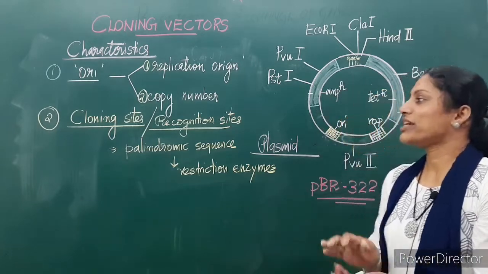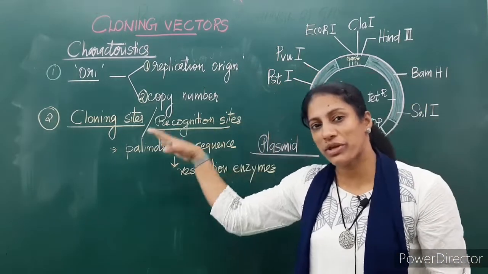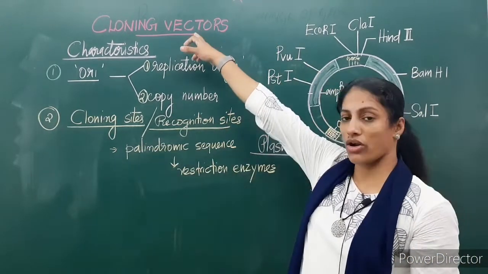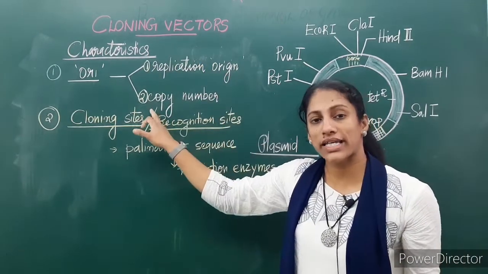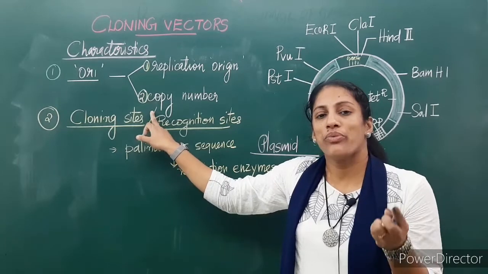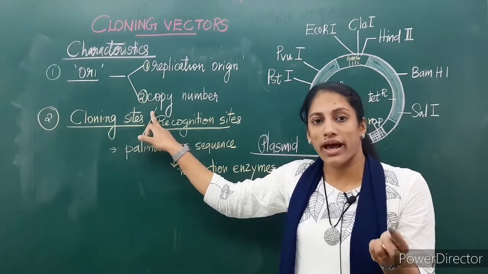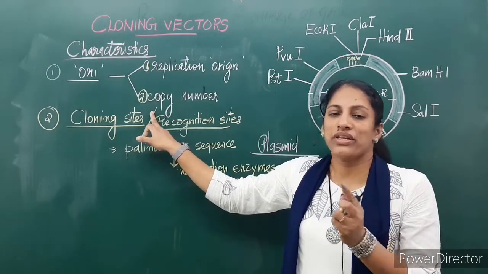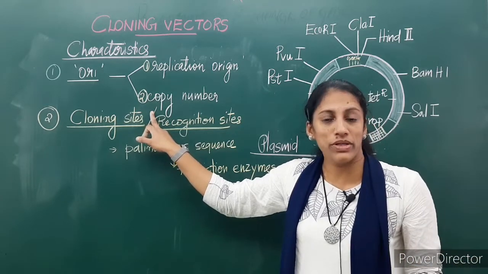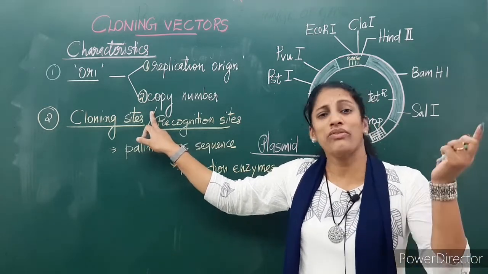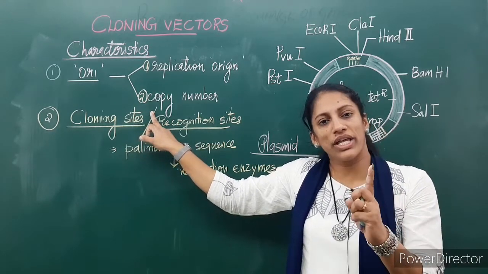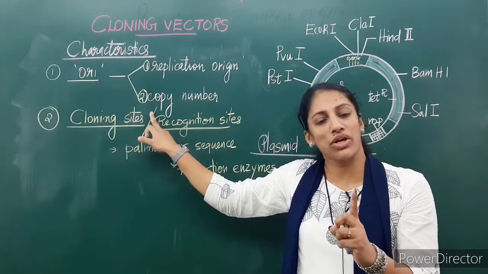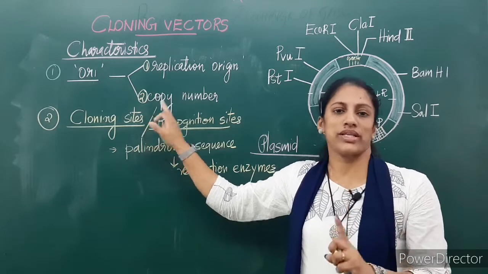So understand, cloning sites are very necessary for a suitable cloning vector, a plasmid or whatever cloning vector. This site indicates the region where the restriction enzymes act. If this site is not there, we are unable to cut the vector, and we are unable to do the insertion also. So a minimum of one cloning site of one enzyme is required in a cloning vector.